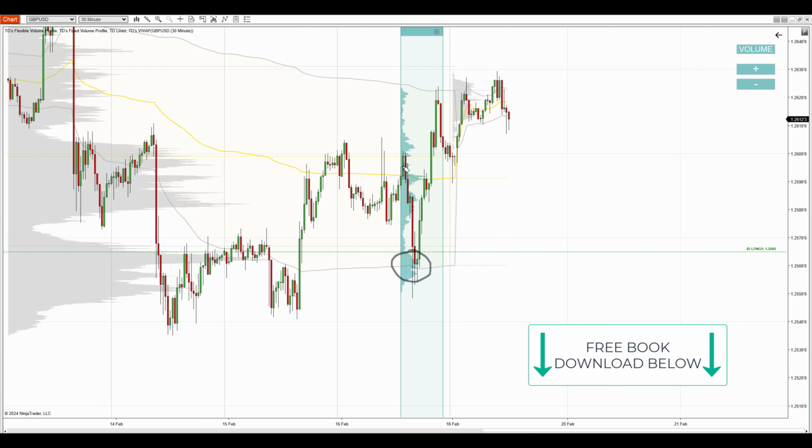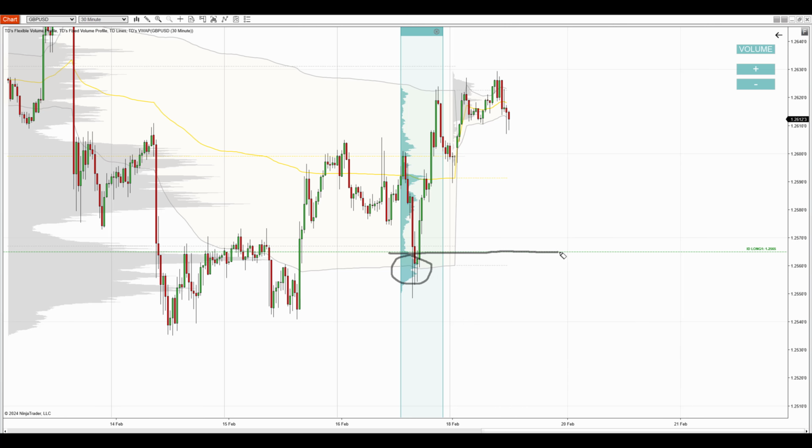Alright, so first identify rejection, then use volume profile to look for a significant volume cluster, like this one. I have my level at the beginning of that volume cluster, and this volume cluster is pointing us to a place where the aggressive buyers who turned the price from sell-off into buying activity started to buy aggressively.